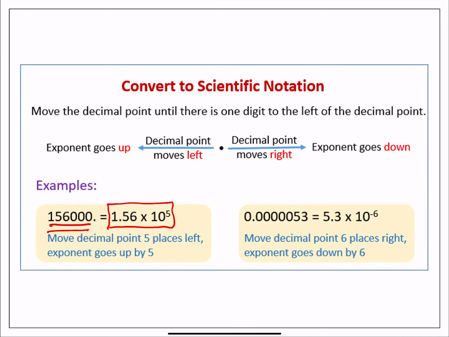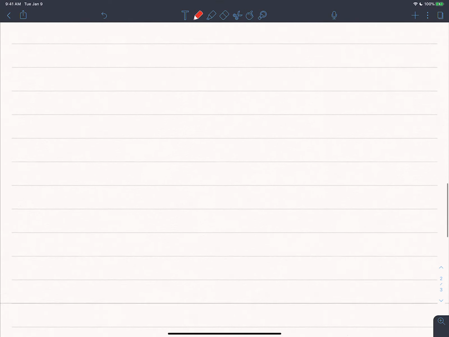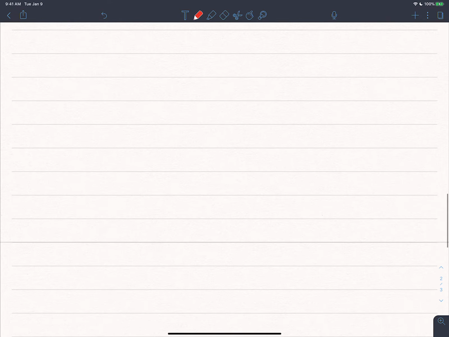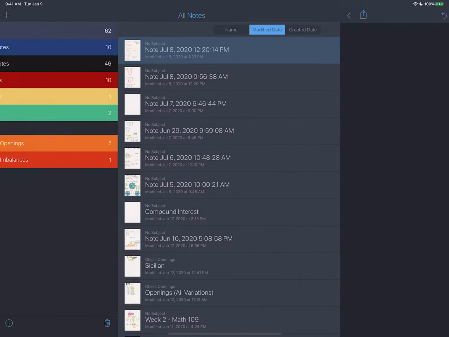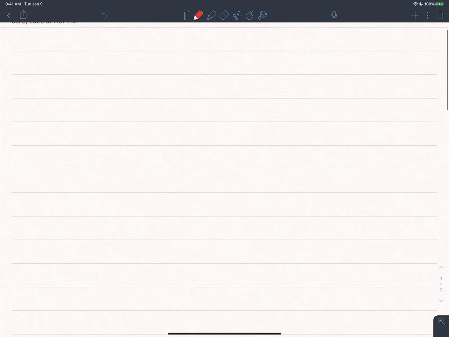And over here, we took a small number, we moved the decimal point over some number of spaces and we write it like this. So I'm going to go through some examples and what exactly it is that we are trying to do when we move the decimal point over and how we can go about doing that, right?